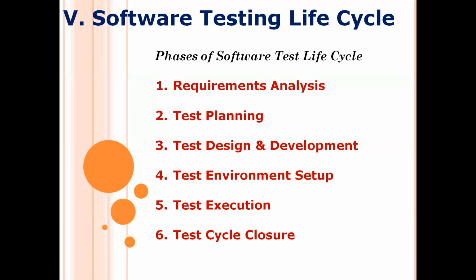Entry criteria: requirements document, requirements traceability matrix, and automation feasibility report. Exit criteria for this phase: approved test plan document, test strategy document, and effort estimation document.